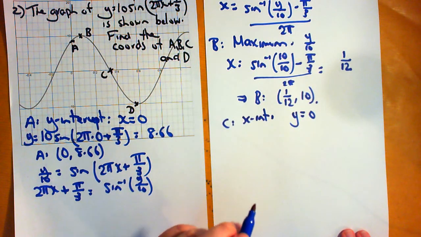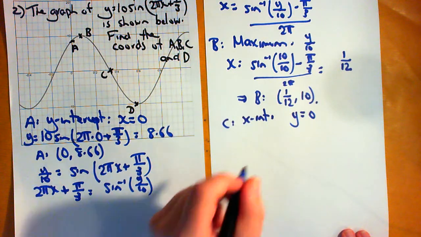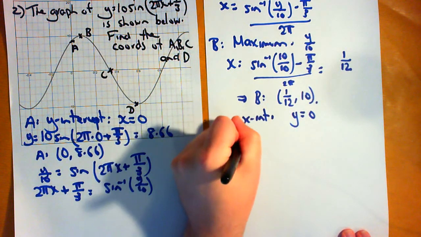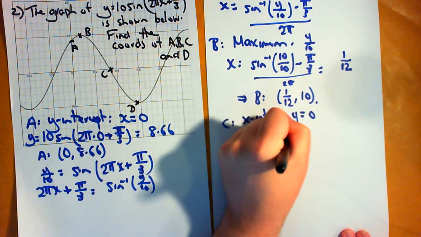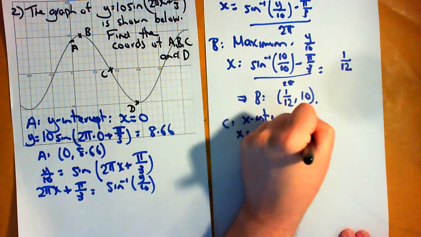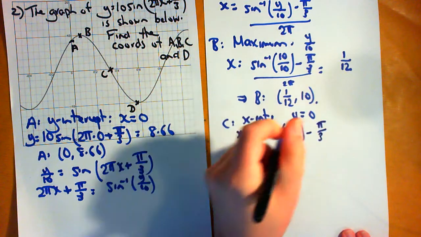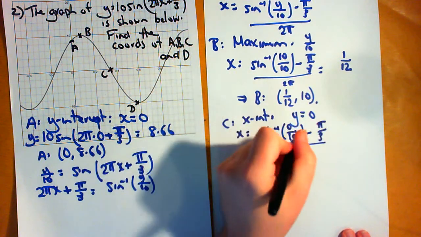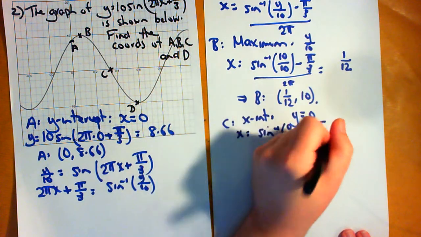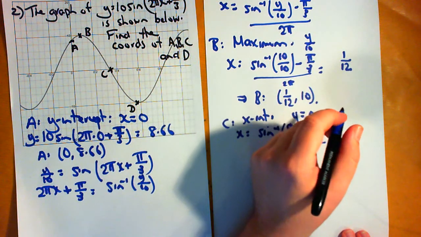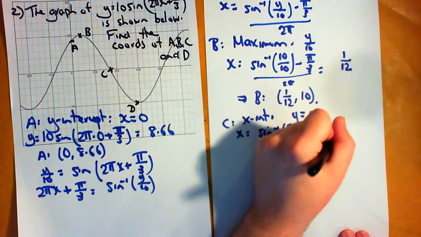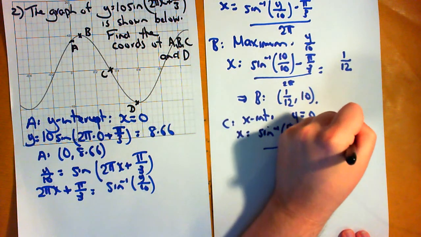So if we put y equals 0 into that rearrangement, we get x equals (sine inverse of 0 divided by 10, minus π/3), divided by 2π. And if we calculate that, we end up with an answer of negative 1 over 6.